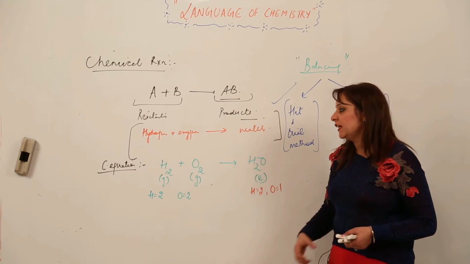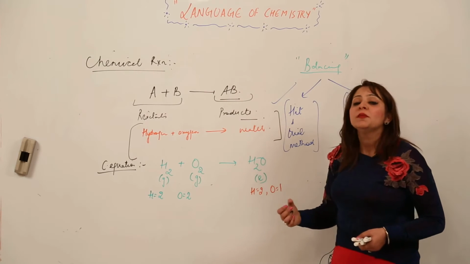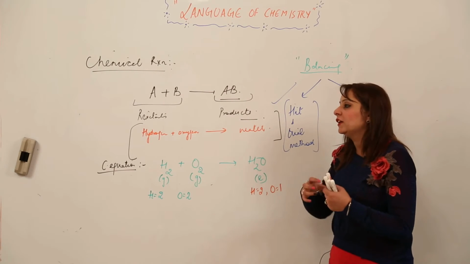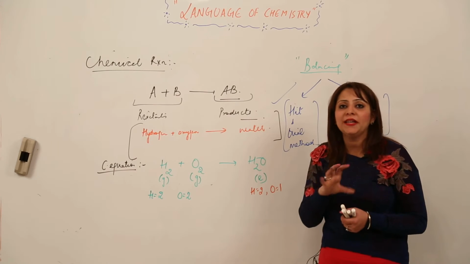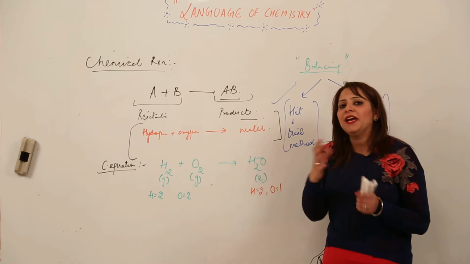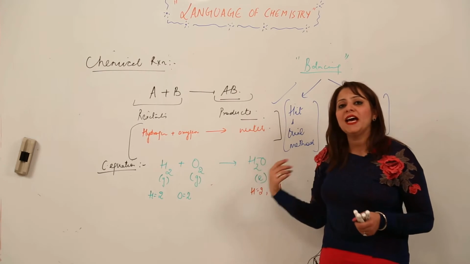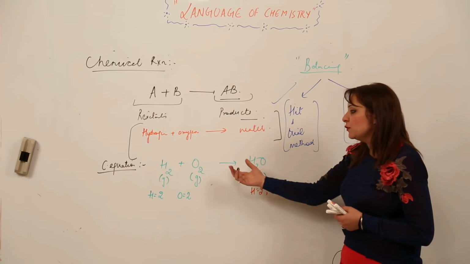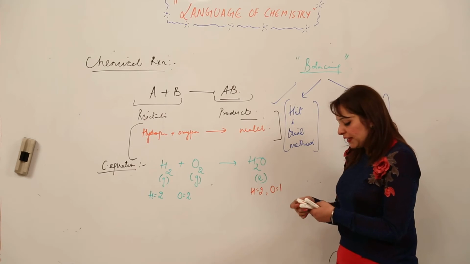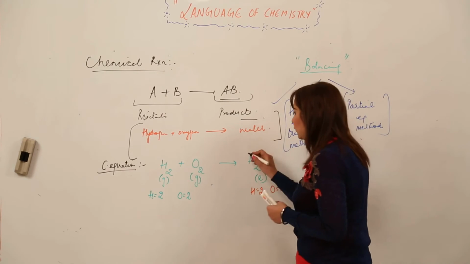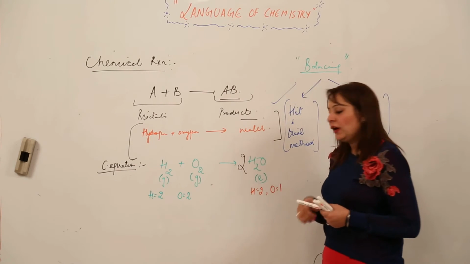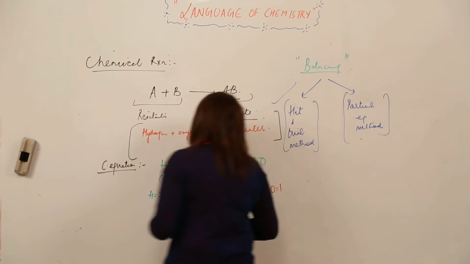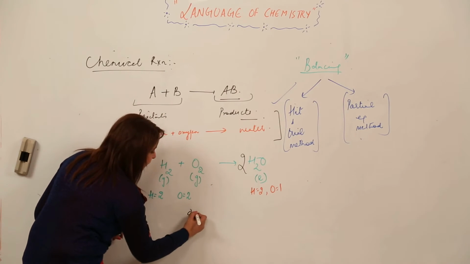It is not always 2, so if we are not able to make it equal with 2 or 3, we can multiply the given figures on both sides to make them the same, right? In this case we have 2, so we can make it 2 by prefixing 2 in front of H2O. Now again I will count: oxygen is now 2 on this side, and here also oxygen is 2.